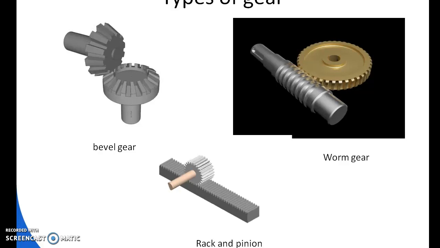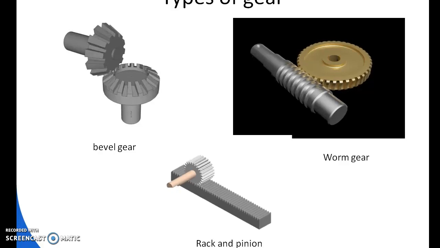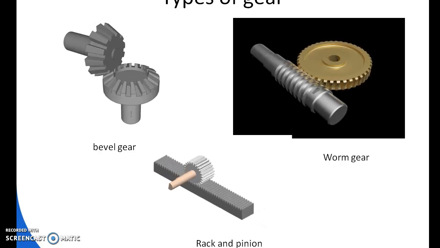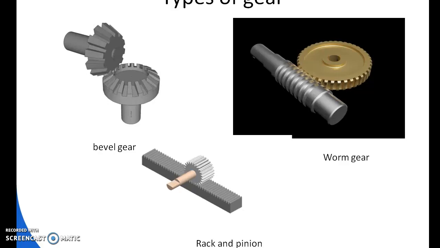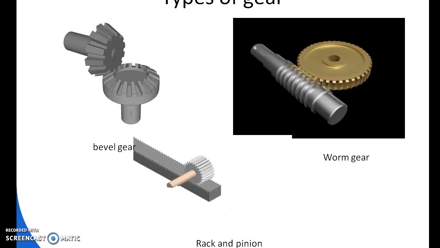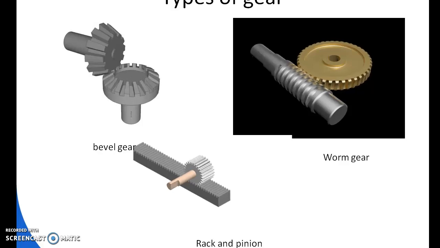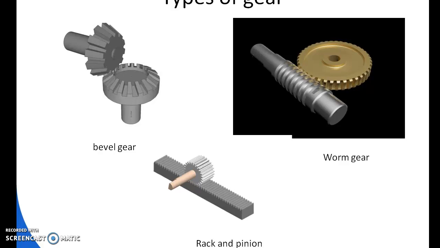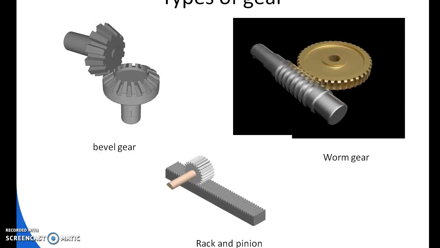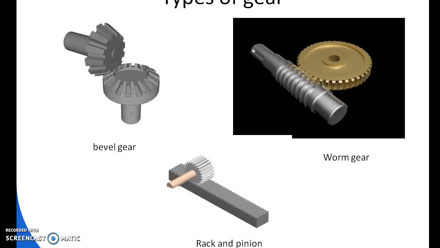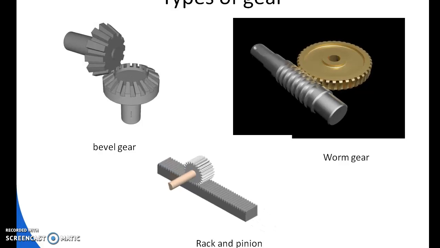Next one is worm gear. Here in the second diagram we can see worm gear. Worm gears connect two non-parallel and non-intersecting shafts which are usually at right angles. Here we can see two gears. One gear has a shaft in the y axis, another gear has its shaft in the x axis, but both are not intersecting each other.